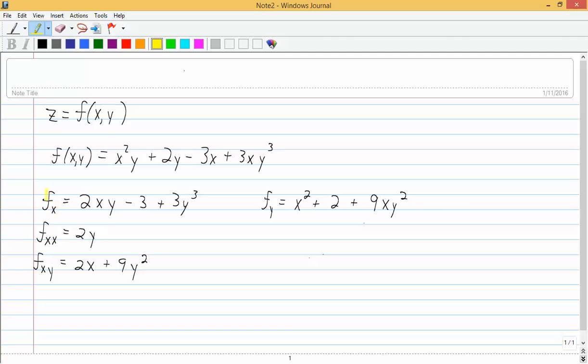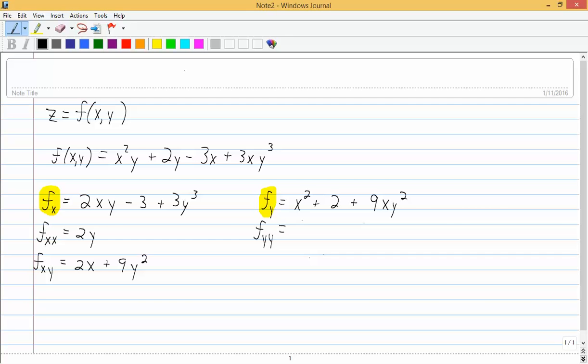So these two here that I'm highlighting, that's the two first partial derivatives. The second partial derivatives, you have to take the partial derivative of each first partial derivative with respect to both x and y. Okay, so now I'm going to come over here and find the partial derivative of the first partial derivative with respect to y.